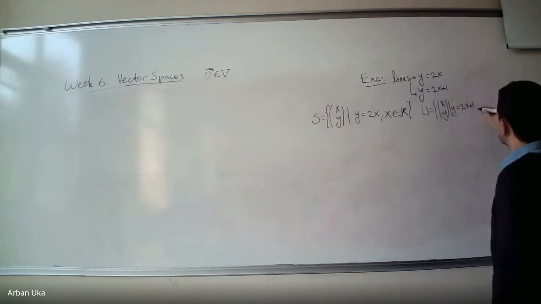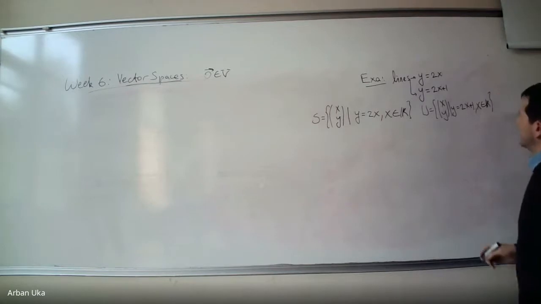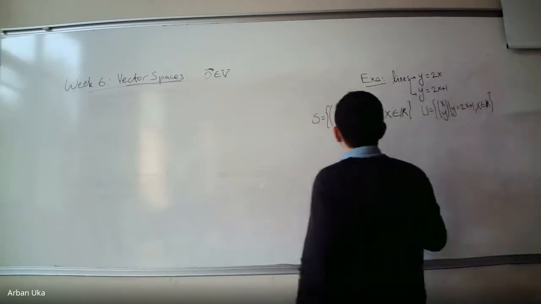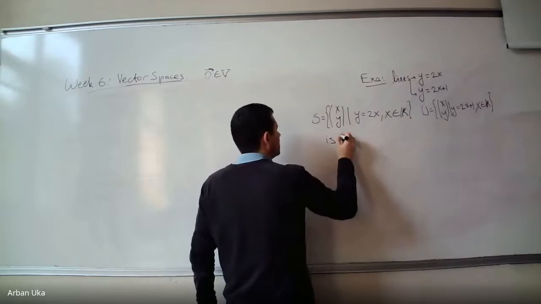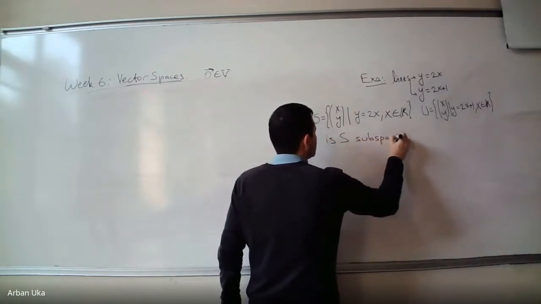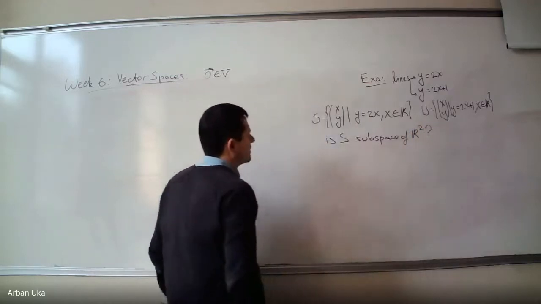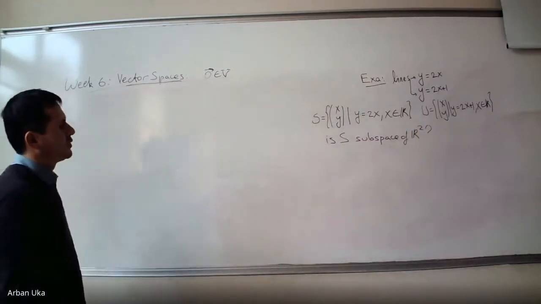So we are listing the conditions, and x is any real number. So the question is the following: is S a subspace of R squared? That's a valid question. What do you think?